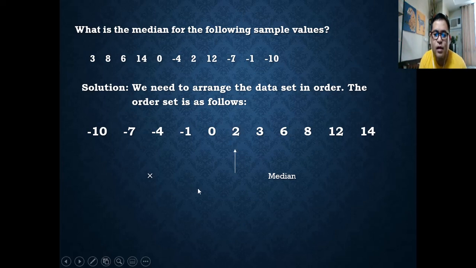Therefore, the median is 2. But in the case of an even distribution, say for example 10, we will get the two middle values, add them, and divide by 2, and it will give us the median. So it's easier to find the median if the given distribution is an odd distribution.